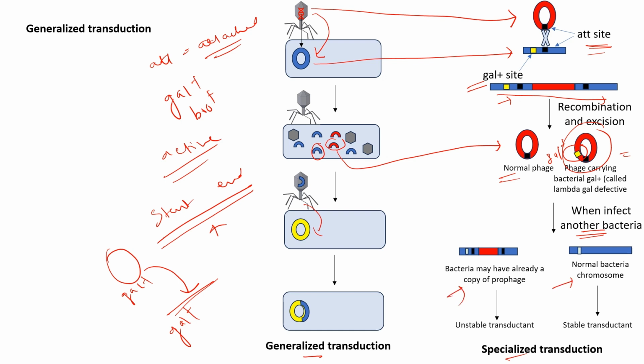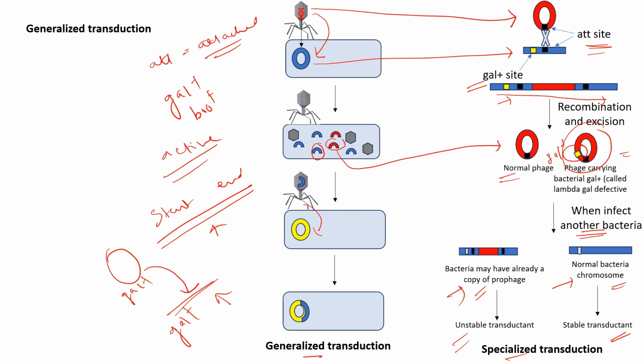Or if that segment does not get inserted into the second bacterial chromosome, it will remain as a normal bacterial chromosome. This normal bacterial chromosome is known as a stable transductant, whereas the bacterium containing the copy of the prophage we call an unstable transductant. So two situations can happen.